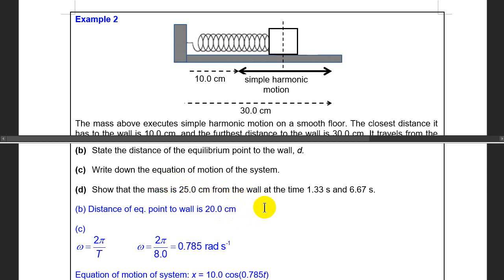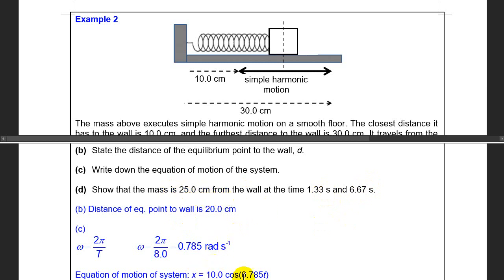So is it given 25, then we go and find t, or given this t and then go and find the distance? Okay, we'll do the harder way. We're going to assume that we are given 25 cm from the wall, and then find the two times that it is at 25 cm from the wall.